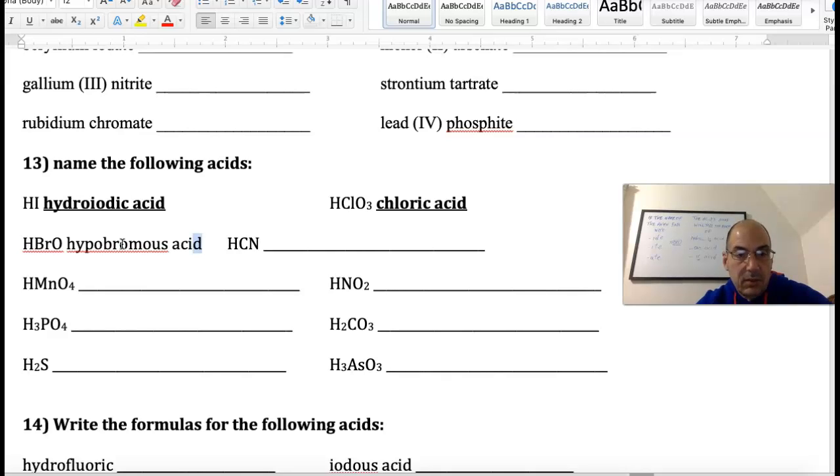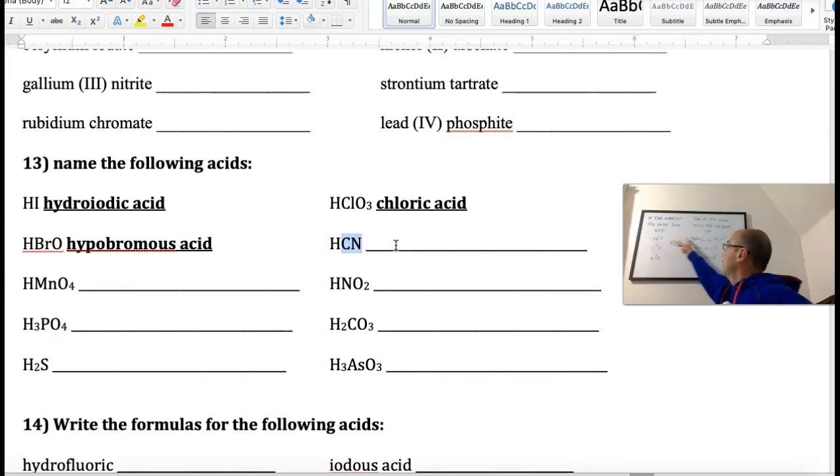Now, CN is called cyanide. Notice there's no oxygens in this. This is cyanide. Ide means that we're talking about hydro-ic acid. So this is hydrocyanic acid.